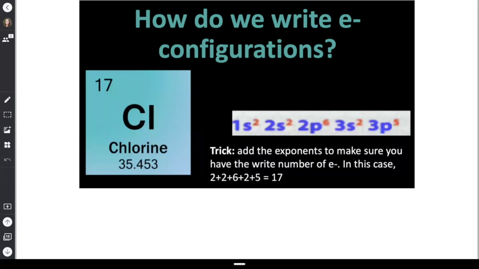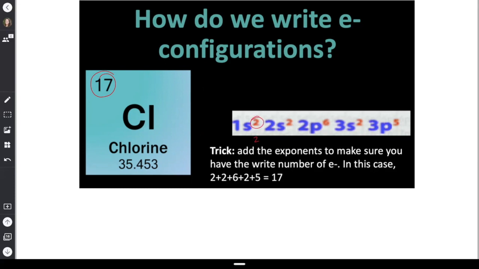So we're looking at chlorine. Let's look at that as an example here. Following your table or chart diagram that you drew, with your arrows through it, chlorine, we said, we have to place 17 electrons. Remember, protons and electrons are equal if it's neutral. So I start with 1s2, and that places 2 electrons for me.